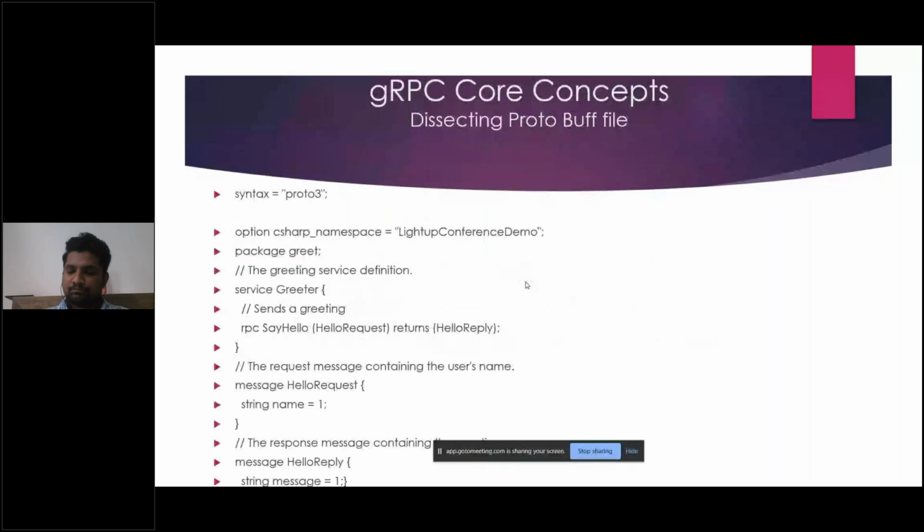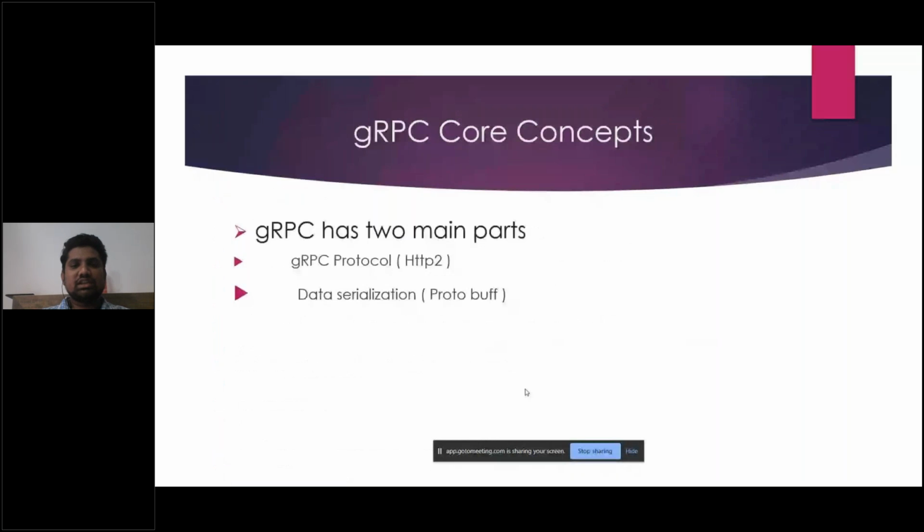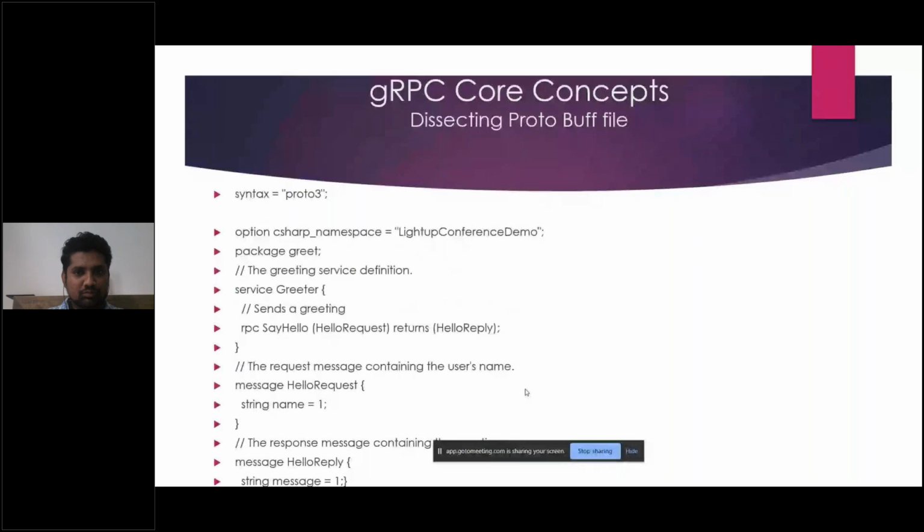Okay. So if you see the basic structure of your protobuf file on the screen, the first part is basically the syntax, that is proto3. Proto3 is nothing but the version of proto. Next is the C# namespace, meaning if you are using C# code and developing gRPC services, then that C# namespace adds all these services under that particular namespace.